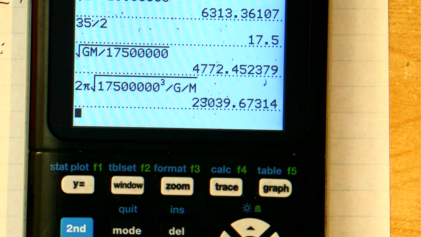Then divide that by the universal gravitational constant g, which I've stored in my calculator memory, and divide it by the mass of the Earth, all underneath the square root symbol.